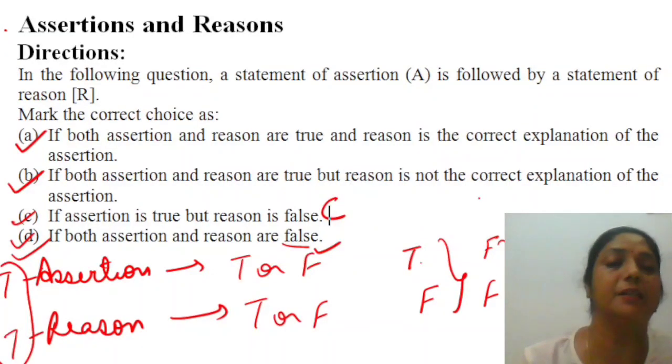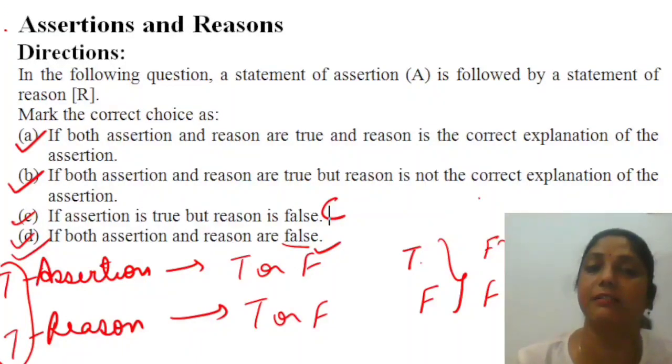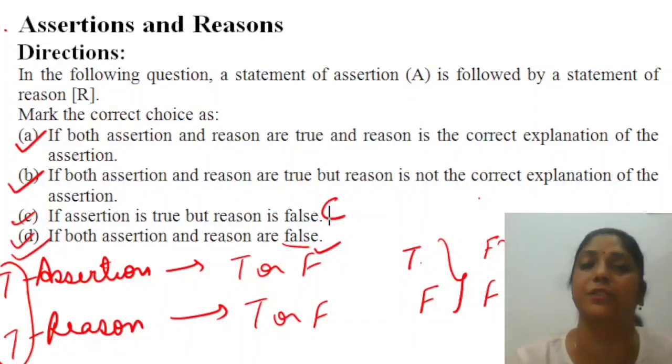Then it becomes a little bit difficult to solve the question, and that's why assertion-reason questions are complicated, due to options A and B.